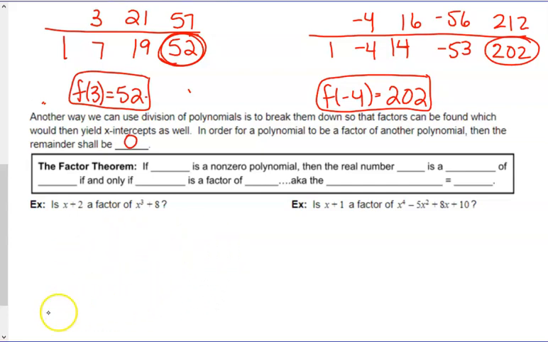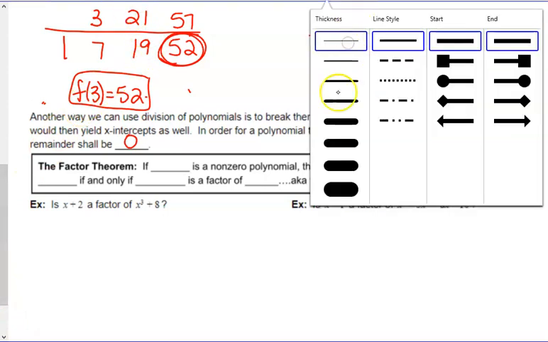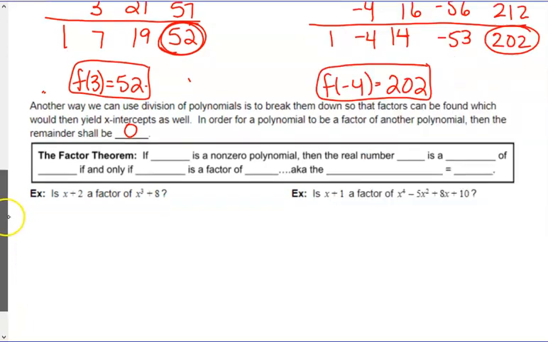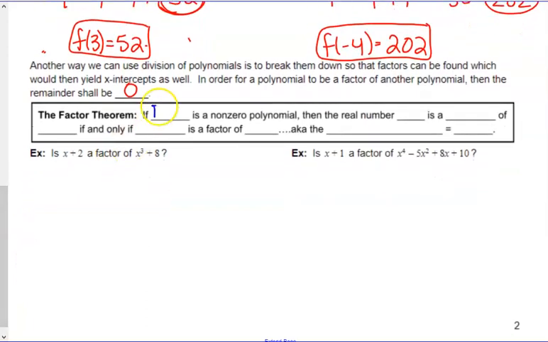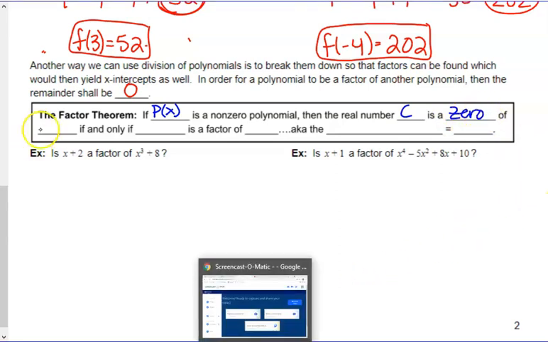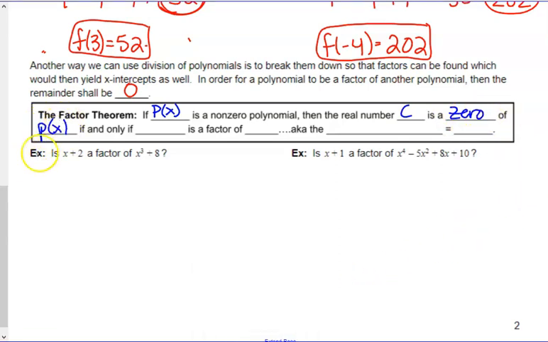So let's get our definition and then we will go through and try some of these problems. The factor theorem says this: if p of x is a non-zero polynomial, then our real number c is a 0 of that function p of x if and only if x minus c is a factor of that polynomial p of x.